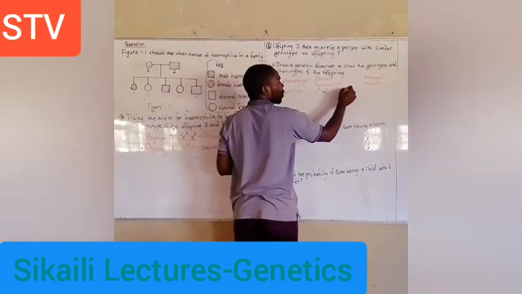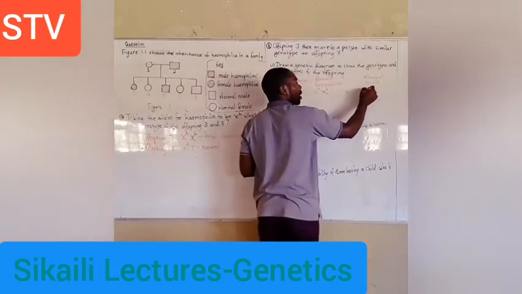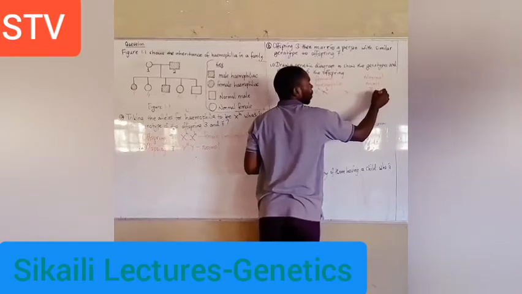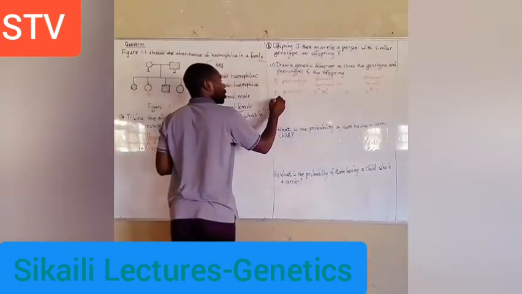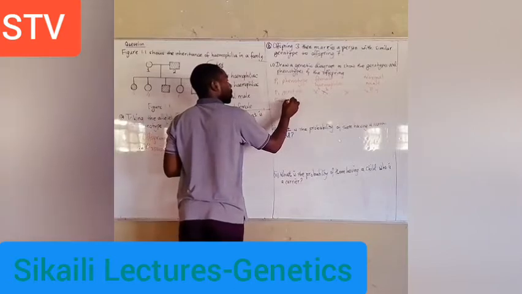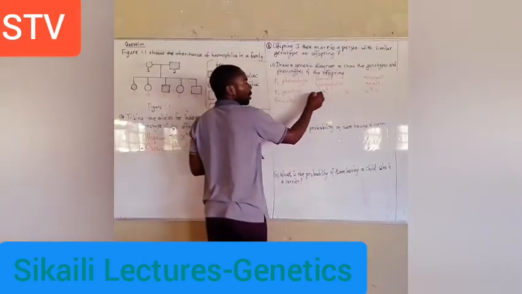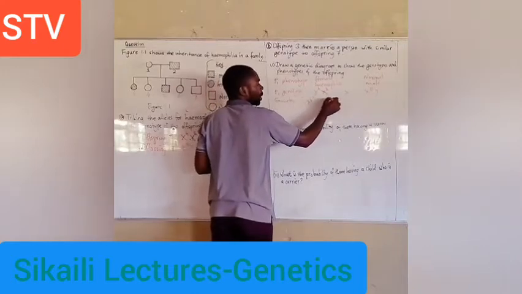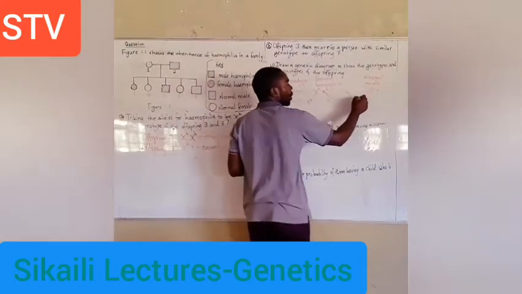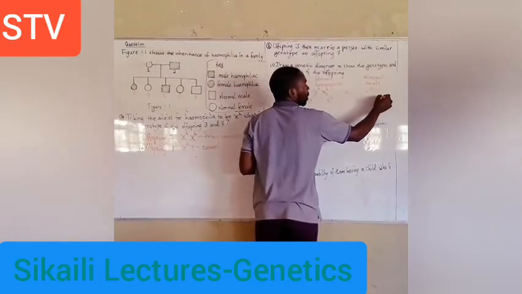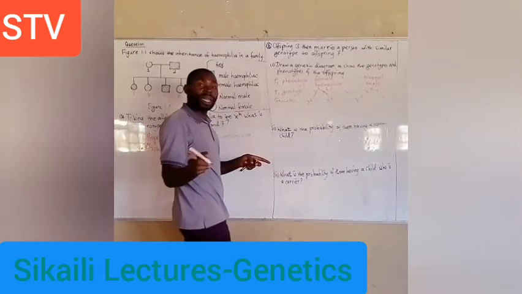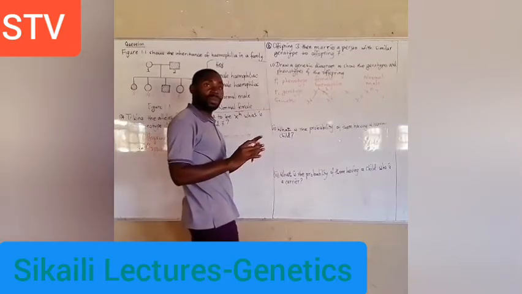In the middle you write a multiplication sign, and here you write X capital H, Y. Then you write gametes, that's the procedure. Then you branch them off, and write them like that, and then Y. Then during the copulation, there's a fusion of male and female gametes.